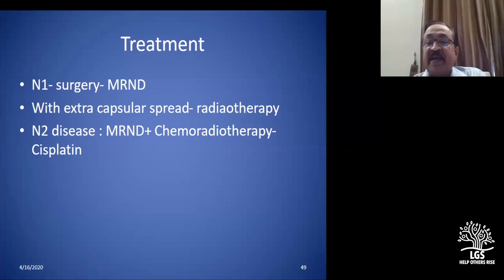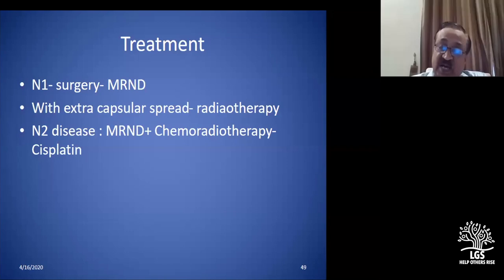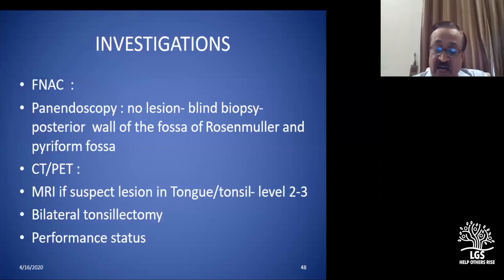And how many may get completely cured also without the primary appearing at all? 80%? I think that is too large a percentage. So about 30%, I think, get completely cured, where the primary will not appear at all. And this is the story about the occult neck metastasis from an occult primary.